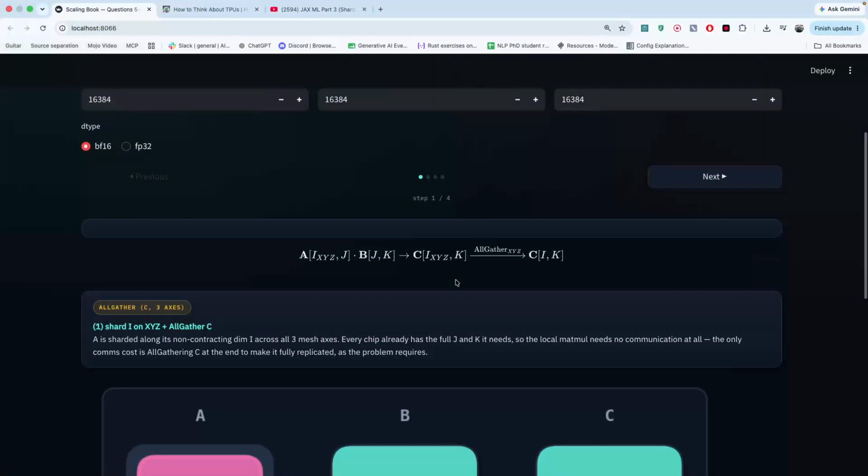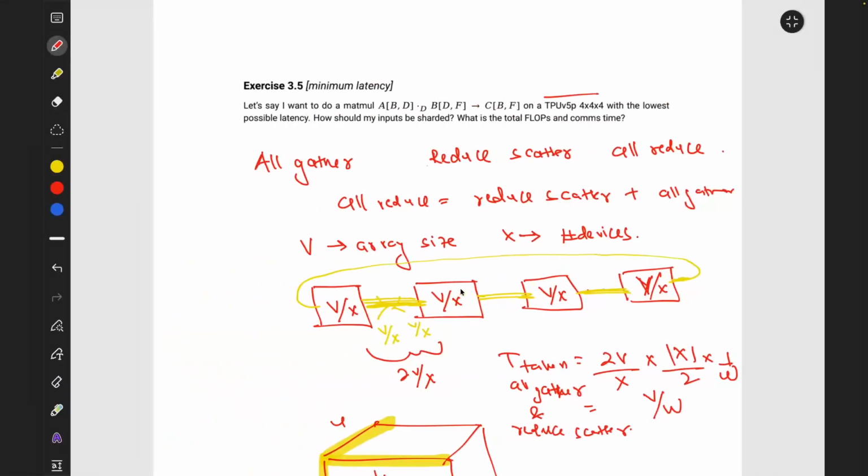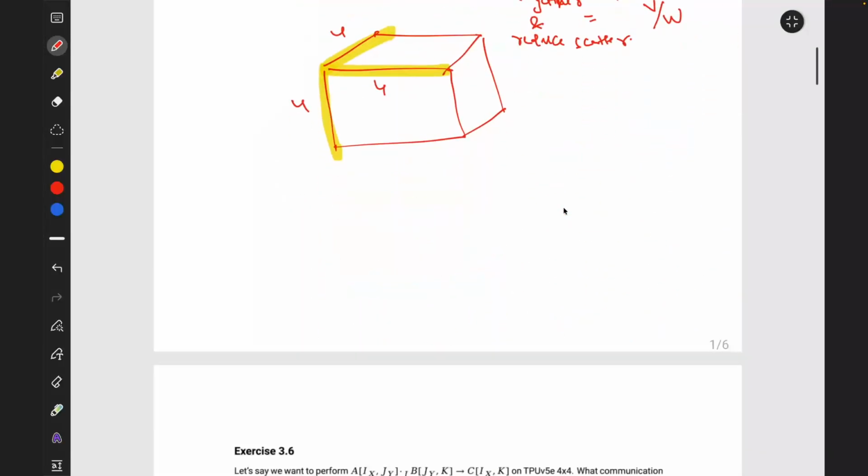So let's discuss the amount of computation you need, which is the total flops, and the communication time.